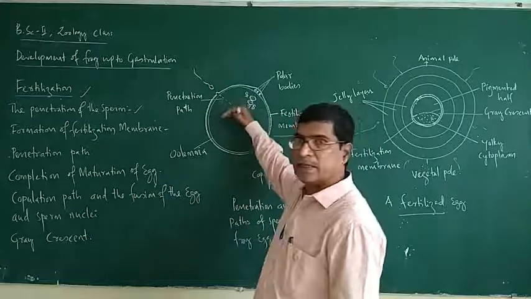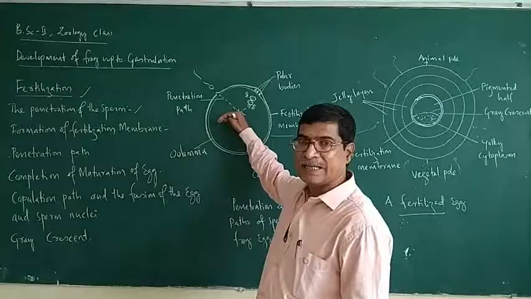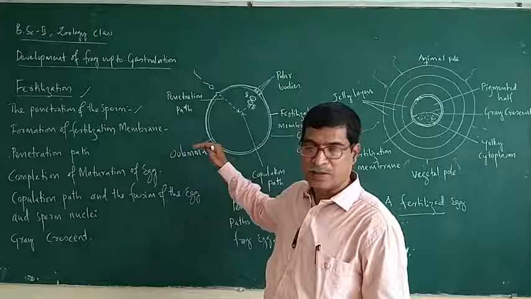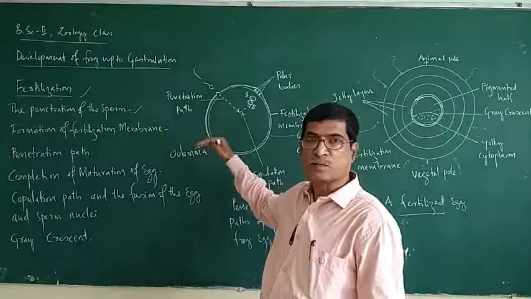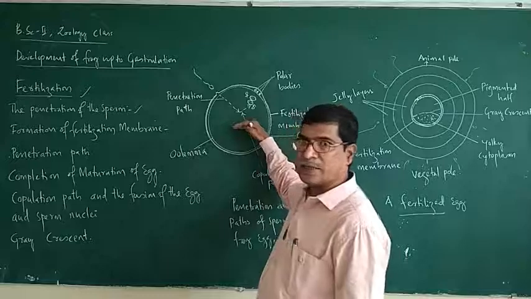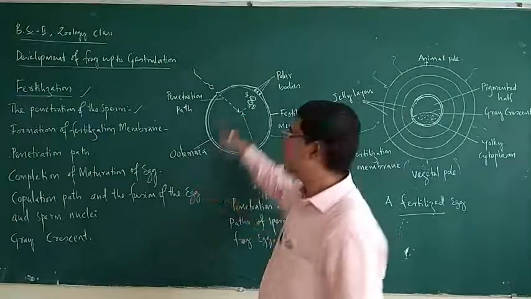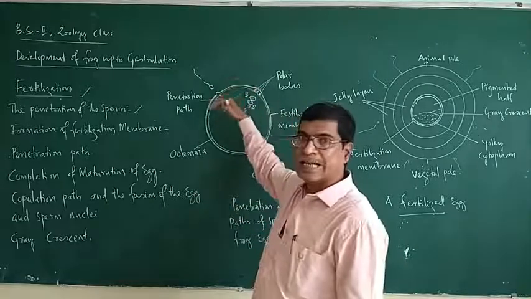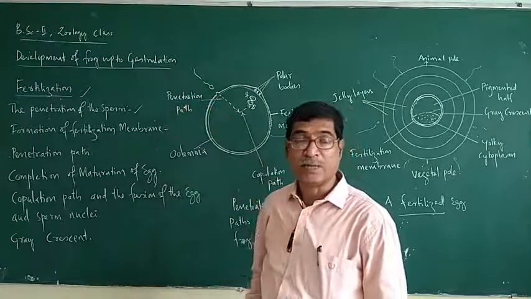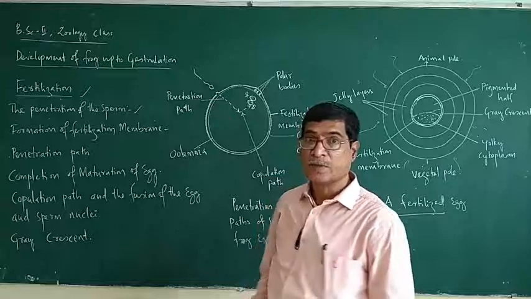The upper half of the egg is dark black in color, the lower half is white or yellowish in color due to the presence of yolk. Therefore, the lower half of the egg is known as the vegetal hemisphere, and the upper darker hemisphere is called the animal hemisphere.